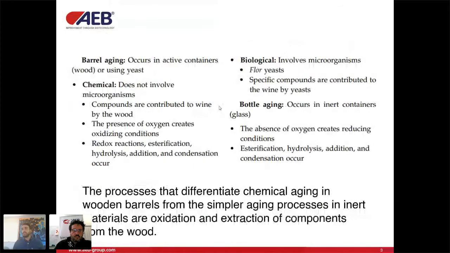And there are differences between aging wine in barrels and aging wine in a bottle. That is because in a barrel, there is some oxygen transferred, and the wood can impart and share with the wine some components, while the bottle is more an inert container.